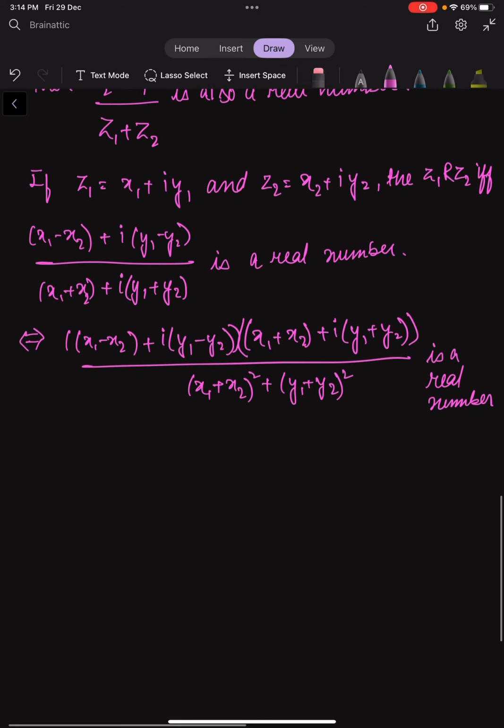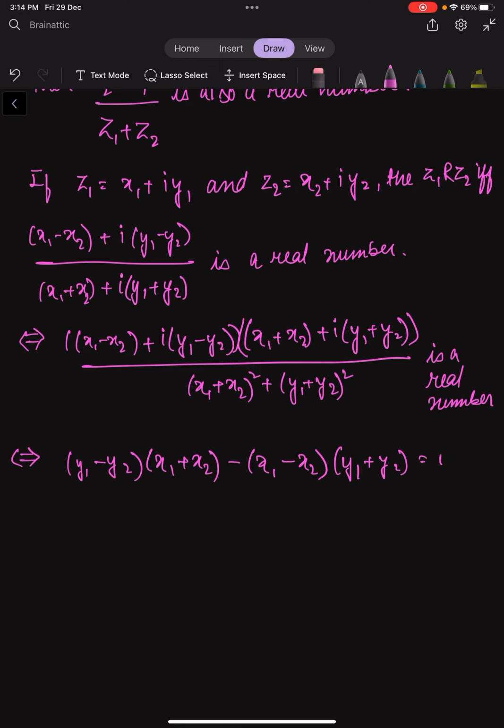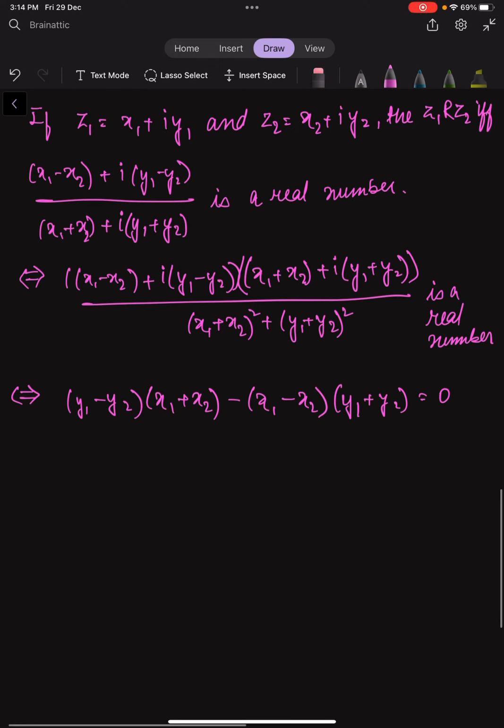This is again identical to, we equate the imaginary parts of the above equation to 0 and we have (y1 minus y2) into (x1 plus x2) minus (x1 minus x2) into (y1 plus y2), which is equal to 0. This is identical to x1 by y1 is equal to x2 by y2.